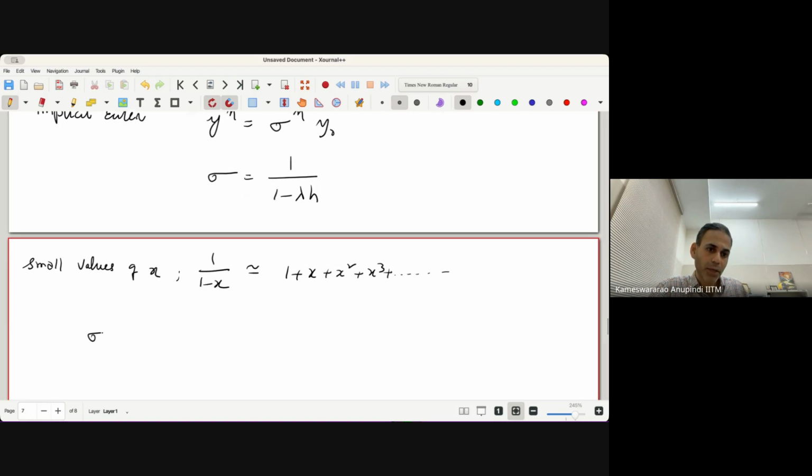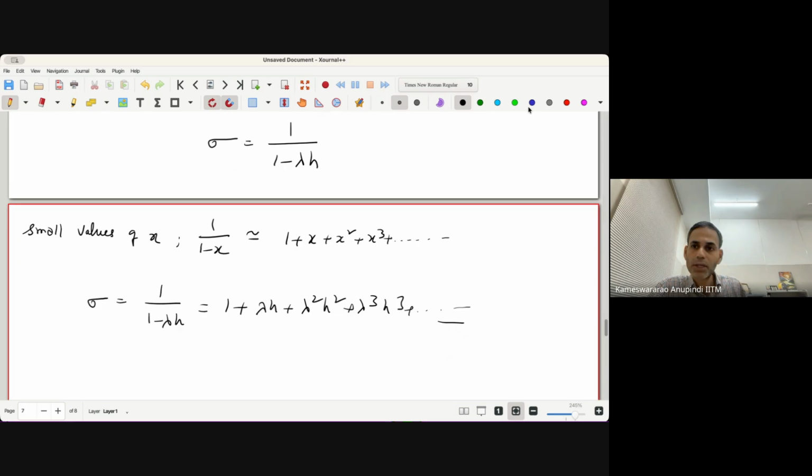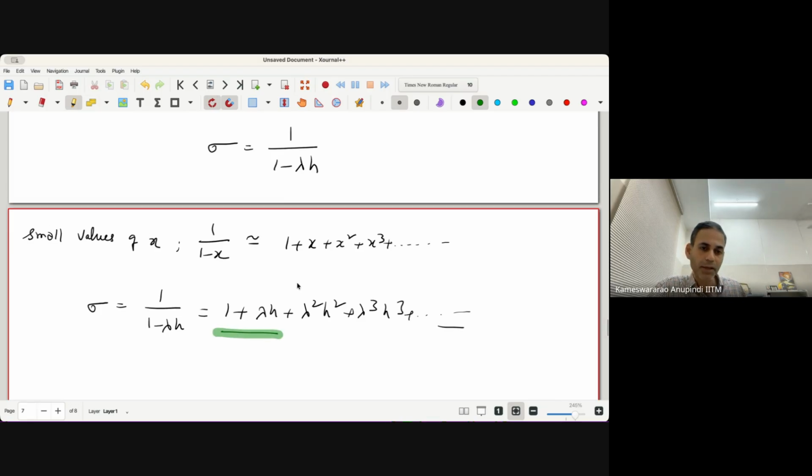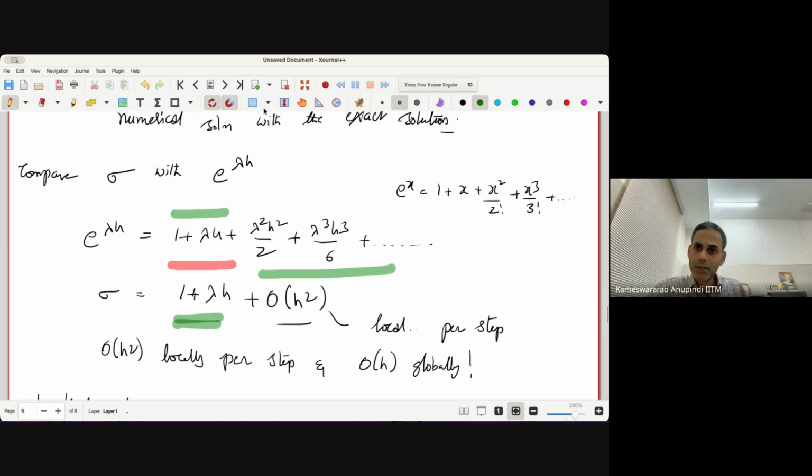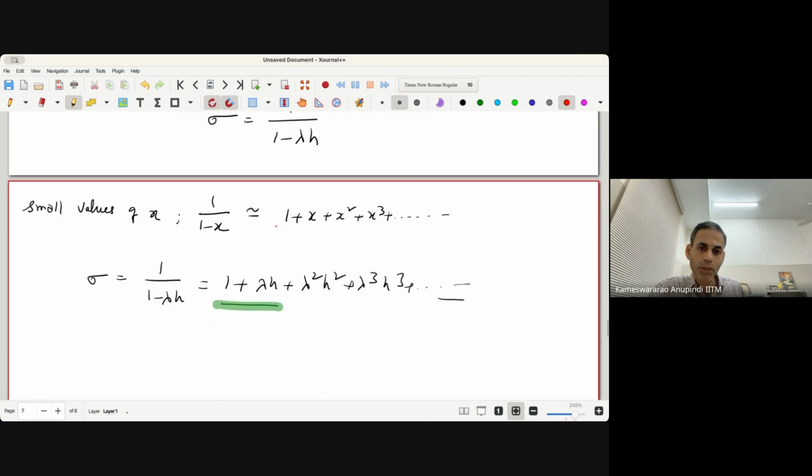That means I can write my sigma for the implicit Euler method, 1 by 1 minus lambda h, as 1 plus lambda h plus lambda square h square plus lambda cube h cube and so on. As we can see again in this case, 1 plus lambda h is there in the numerical solution as well as in the exact solution, whereas the moment you go to the remaining terms from lambda square h square by 2 onwards, it doesn't match.